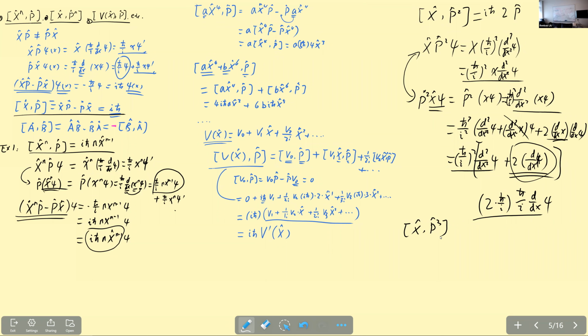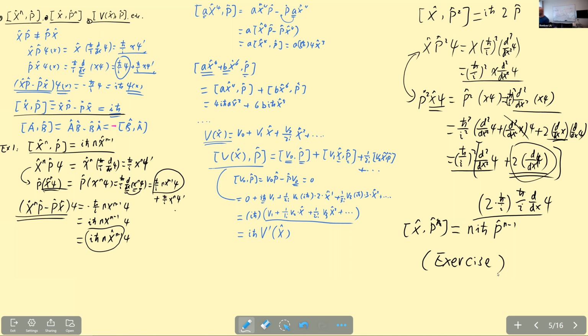You can check using a very similar procedure. You find that this is nothing but just m, to the nth power, sorry, m times i h bar and p to the power n minus 1. I leave this one as an exercise for you.